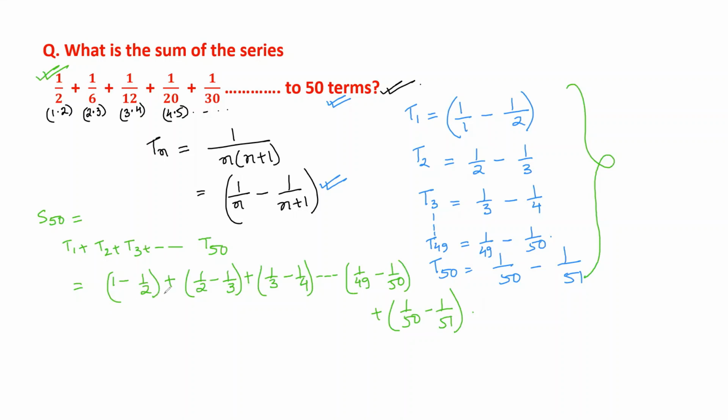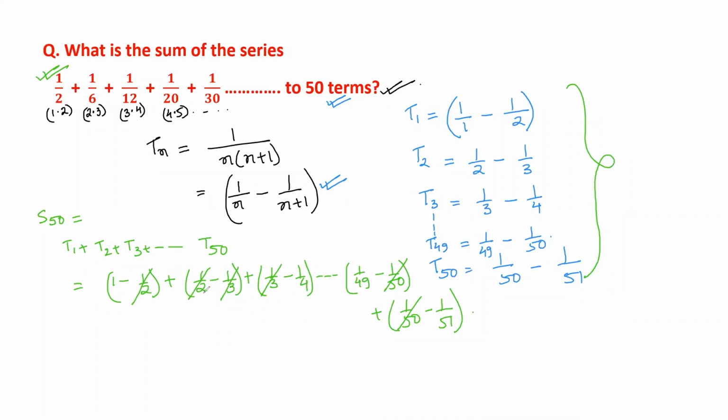Now, if you observe carefully, the second part of the first term is getting cancelled with the first part of the second term. In a similar way, the second part of the second term is getting cancelled with the first part of the third term, and so on. So, the first part of the last term would be getting cancelled by the second part of the second last term, and so on.